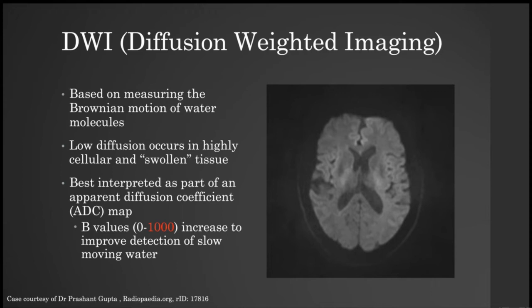And I'll make a comment here that a lot of the terminology that's used is vendor dependent, which is really annoying. But if we know the background of it, a B1000 and a DWI, depending on which vendor you're using, is a helpful understanding.